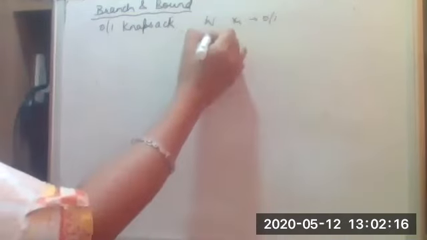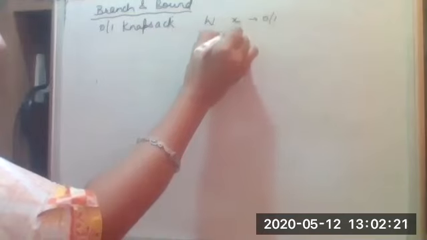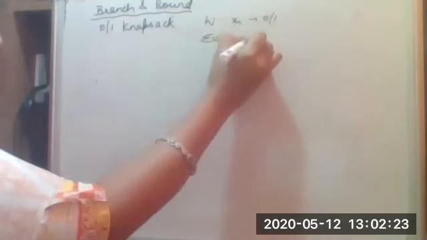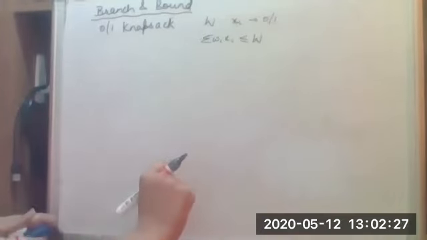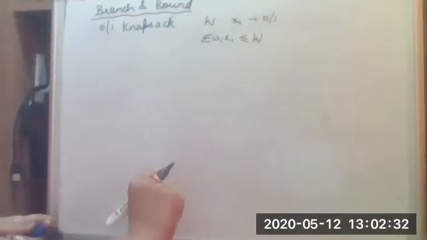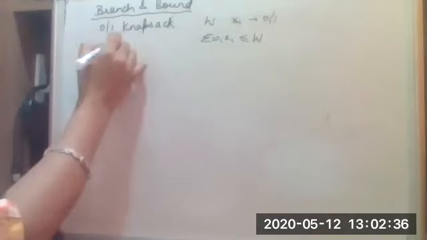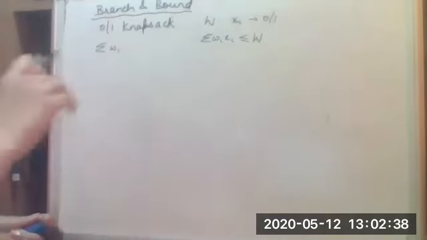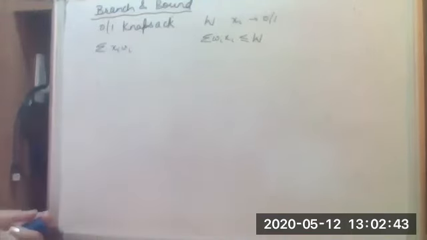Yes. And summation of wixi should be less than or equal to capital W. So this is our criteria. And the optimization problem that we need to solve here is summation of xi vi, whatever is the value of each of the elements that we are taking.